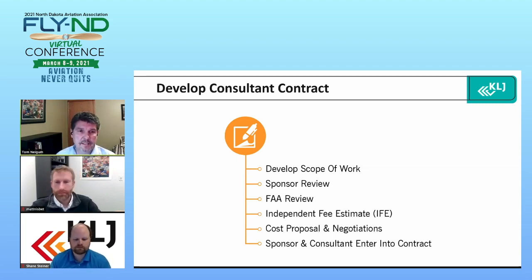Once that's done, the next step will be to move to an independent fee estimate. For projects where the fees are over $100,000 in value, the airport sponsor will go out and get an independent consultant, somebody that didn't try for the 5-year selection for your airport, to give an independent fee estimate of what it really takes.